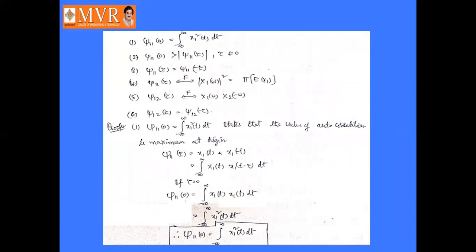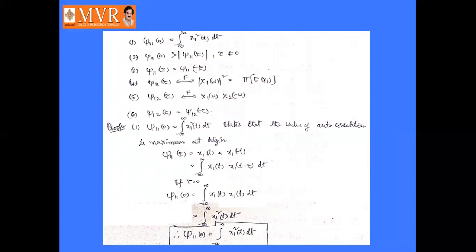First one is J11 of 0 equal to the integral from minus infinity to infinity of x1 square of t dt, that is the energy function. And the second one is J11 of 0 is greater than mod J11 of tau, for tau not equal to 0. In the first property tau equal to 0.